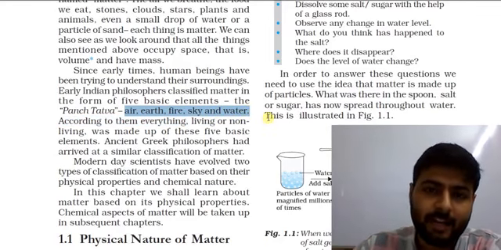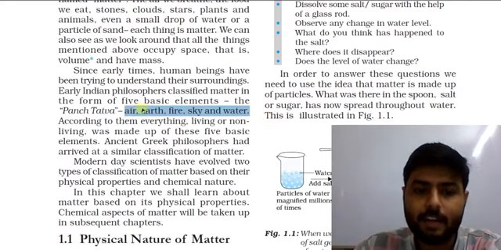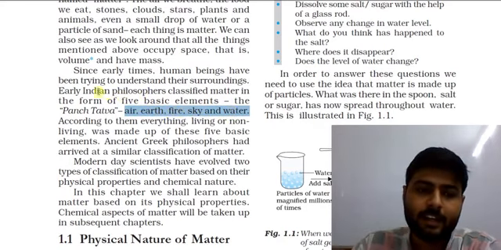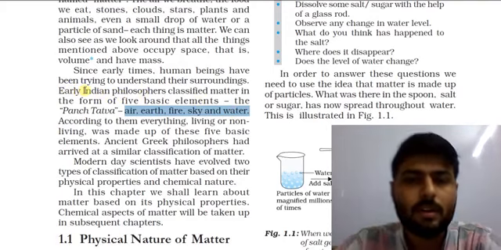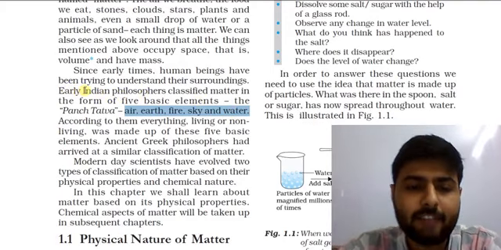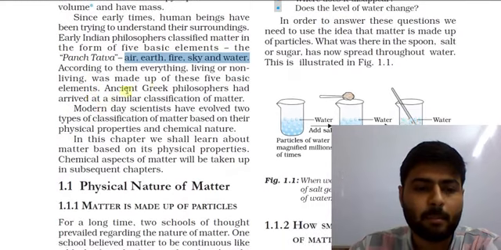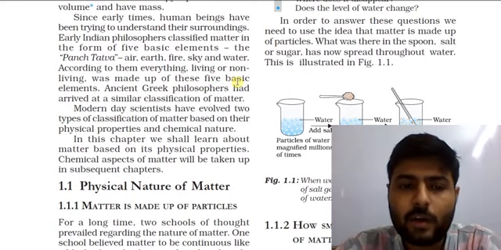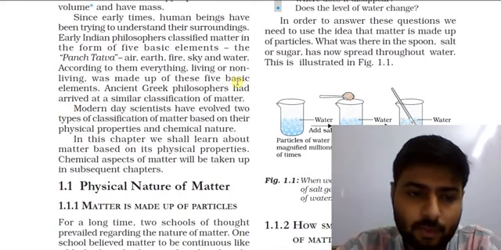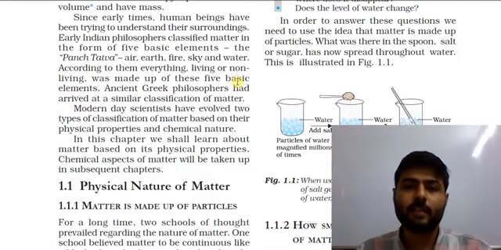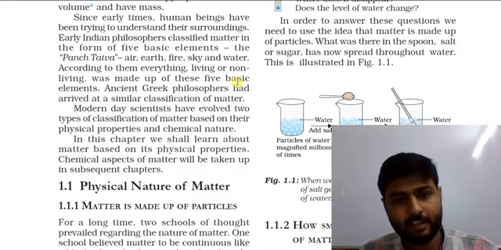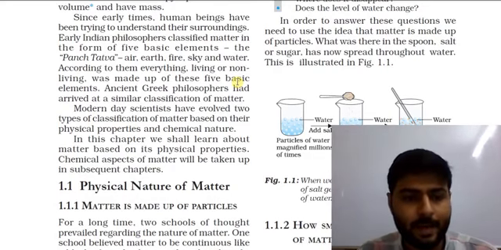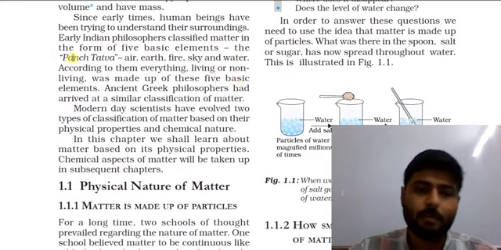According to them, everything living or non-living was made up of these 5 basic elements. All things around us, whether living or non-living, are ultimately made up of these 5 basic elements.